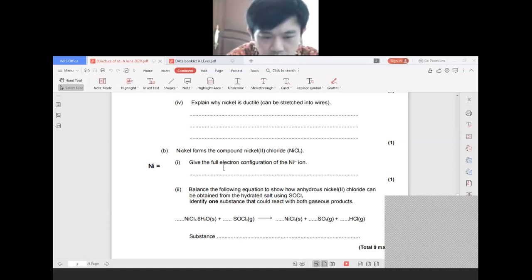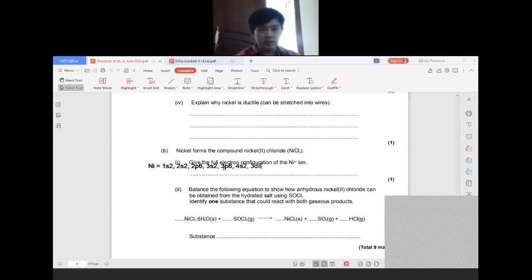Nickel goes to 1s2, 2s2, 2p6, 3s2, and then 3p6, and then 4s2, and then 3d8.